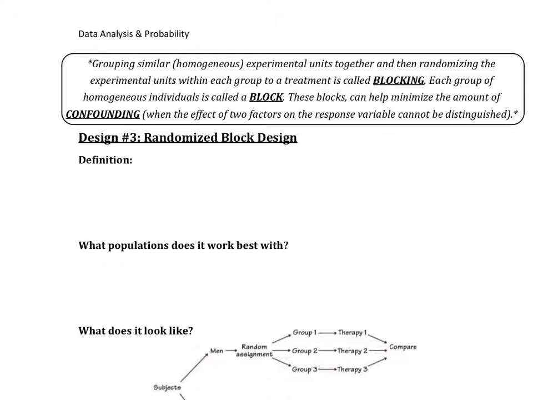So this one is a little bit more involved than the other 2 that we've been working with. When you divide up your first groups into something that they have in common, like males and females, those are called blocks. And then within the block, you're going to randomly assign the treatments. And doing these blocks, again, can help minimize the amount of confounding variables.